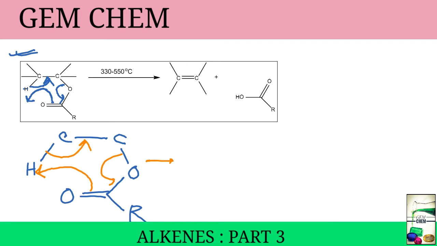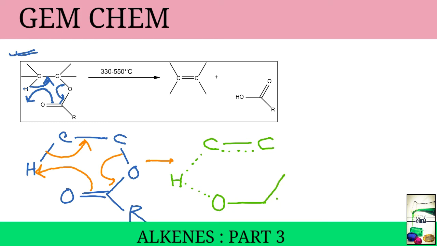Now what is the transition state which we can see? The transition state looks like this. Carbon, one bond remains intact, one bond is being formed, so a dotted line. This hydrogen bond breaks, so a dotted line. This hydrogen and oxygen bond is newly formed, so a dotted line. The oxygen and carbon bond remains intact, right?